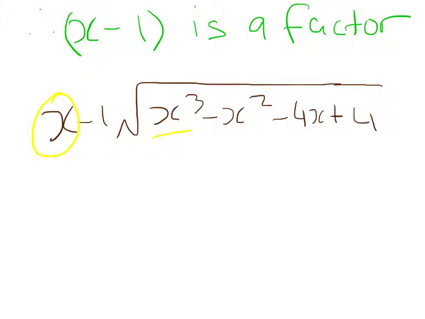The only term possible is x squared. So x squared times x will give us x cubed. We also have to multiply x squared by minus 1, and that gives us minus x squared. Since we are subtracting, we put it into brackets. The minus comes outside, and this minus is going to affect the terms inside. So it becomes minus and then positive, so these two cancel out.